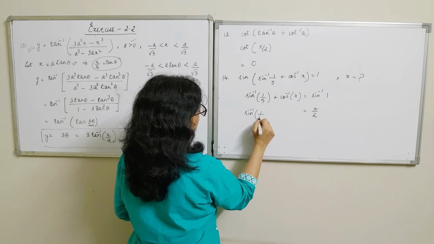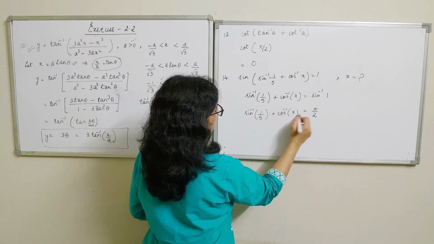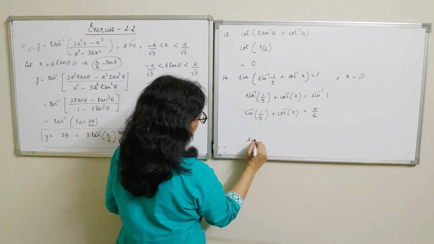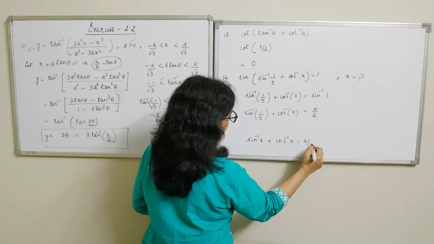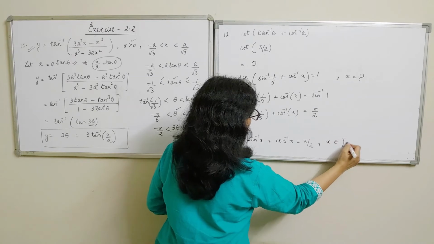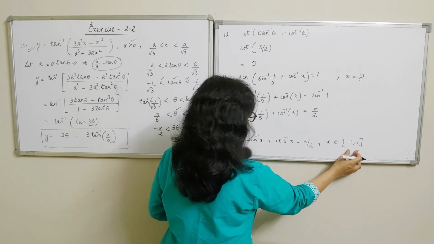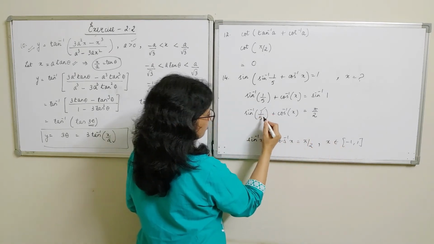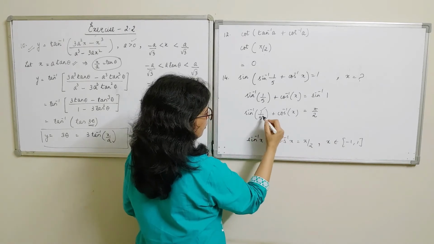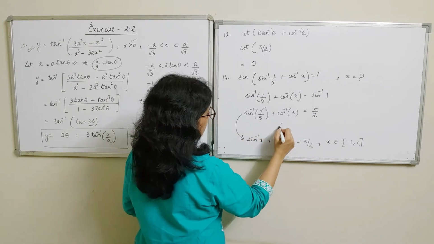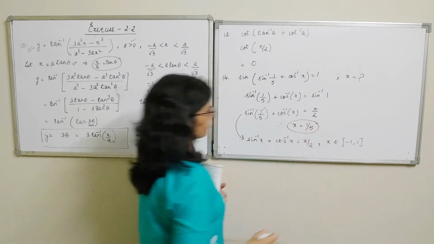So we get a function like this: sine inverse plus cos inverse is pi by 2. Now we are also familiar with this result. Sine inverse x plus cos inverse x is pi by 2 whenever x belongs to this closed interval. So you can see here 1 by 5 belongs to this category, and hence we know this. Comparing these two results, we get to know that x has to be equal to 1 by 5.